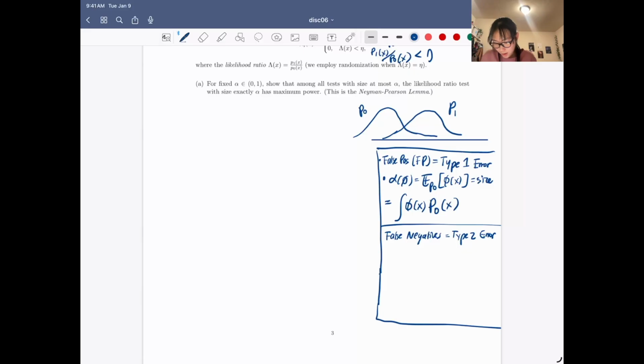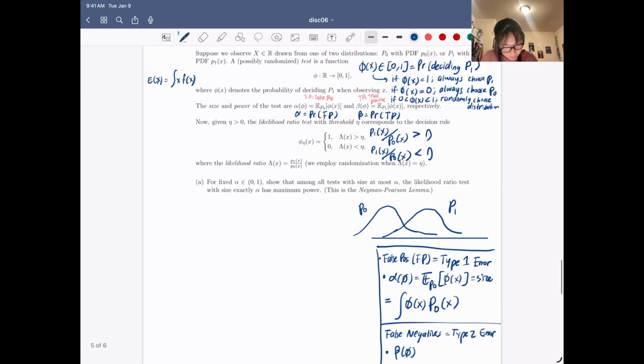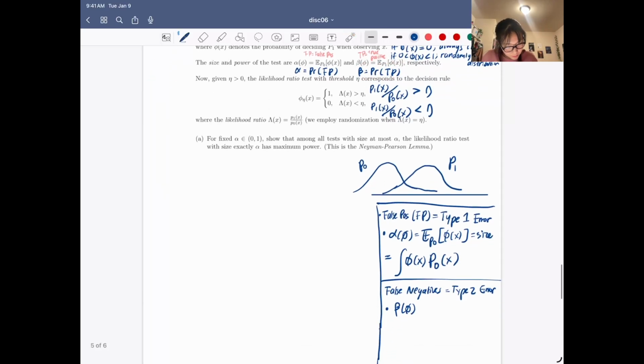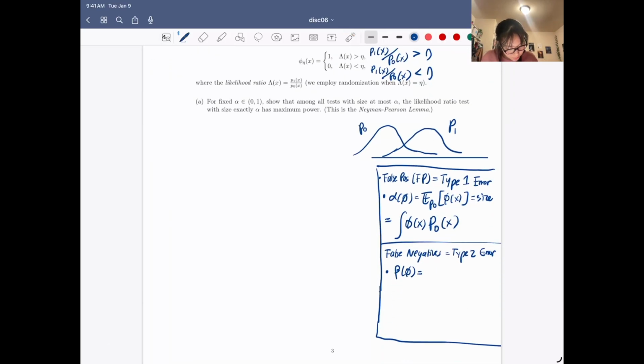And you can think of it as, so remember, power right over here, power is equivalent to the expectation of P1 of phi.